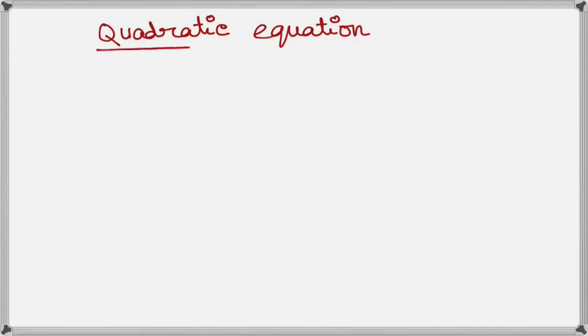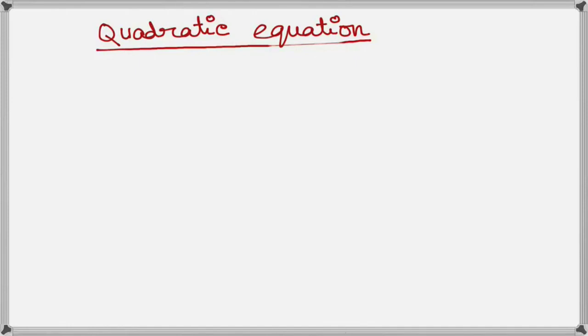We shall start by reviewing the theory of quadratic equations briefly. By quadratic equation, we mean a polynomial equation of degree 2. And the word quadratic came from the Latin word quadratus, which means made square.